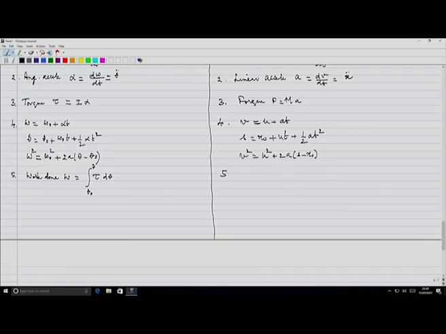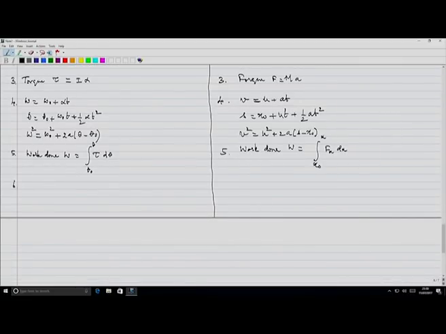Now in the linear motion case, work done W is equal to, this is a one dimensional case we are writing here, integral of F dx from x naught to x. In general case, force is a vector that should be dotted with the displacement vector.